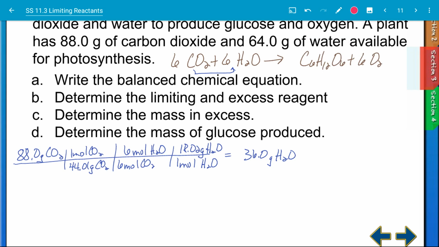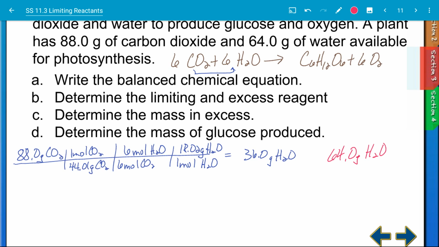But I have 64.0 grams of water available, which means that carbon dioxide is my limiting reagent. Carbon dioxide is my limiting reagent, and my excess reagent is water.